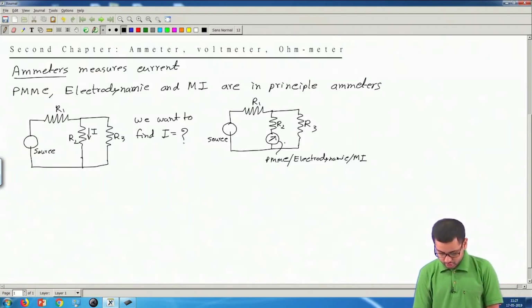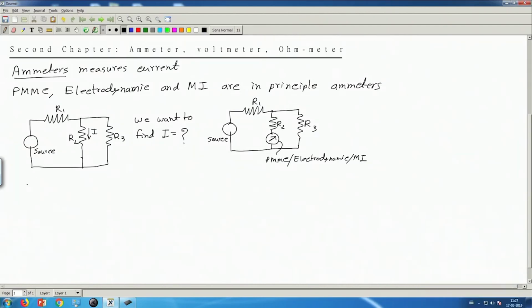The important thing to know about ammeters is that ammeters are inserted in series with the desired branch where we want to measure the current. This is one important fact which I believe all of you know.